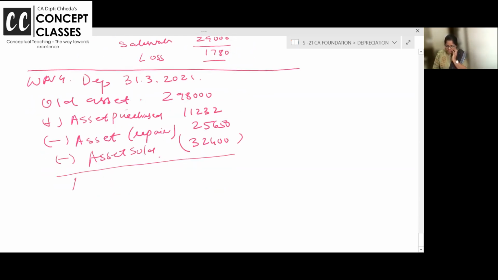Now you get the balance as on 1/4/20: 298 plus 11,232 plus 25,650 minus 32,400. Yeah, both of these will be minus, no?